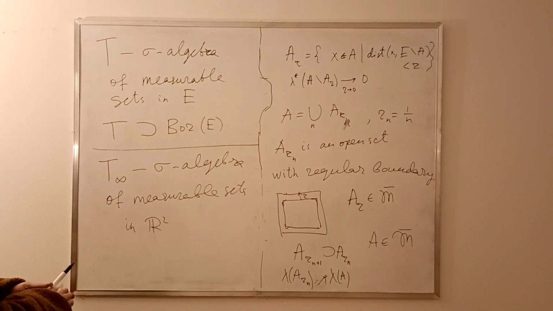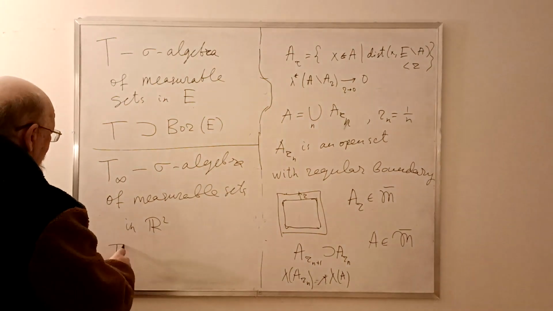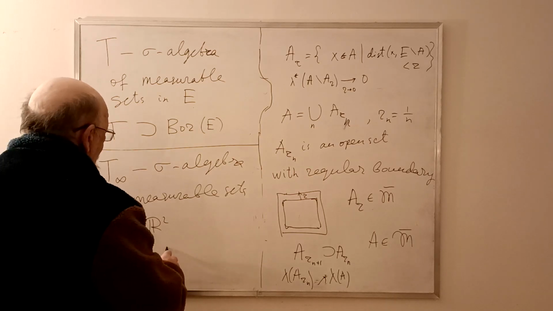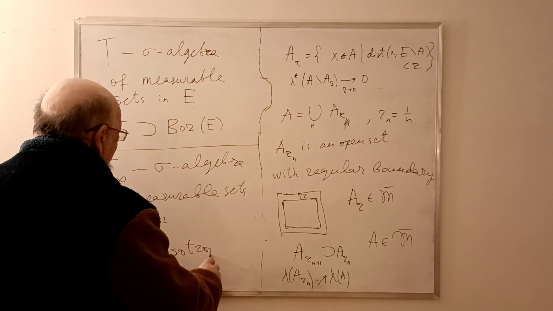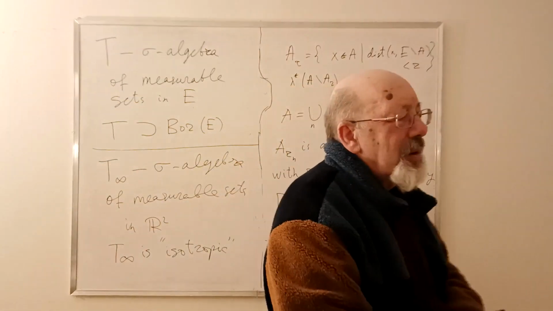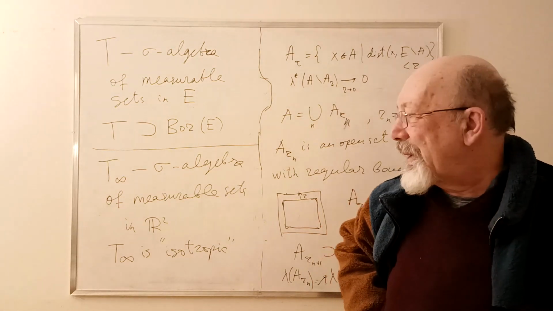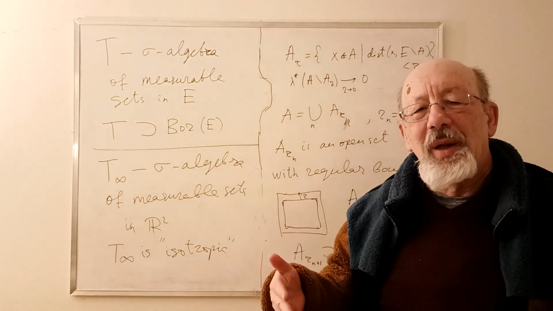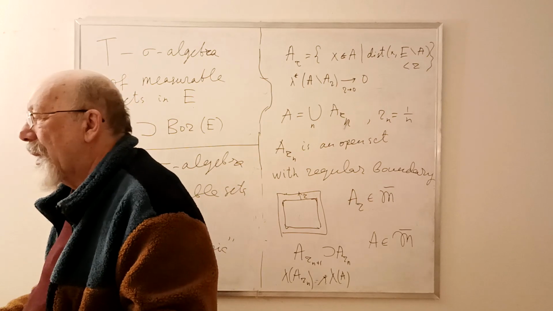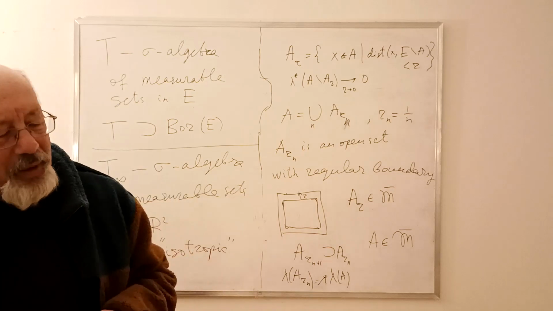So from this picture which was here, I write that T infinity is isotropic. Isotropic means that you can turn the coordinate axes and, if you repeat this construction in the new turned coordinates, after all we arrive at the same sigma algebra in the plane.